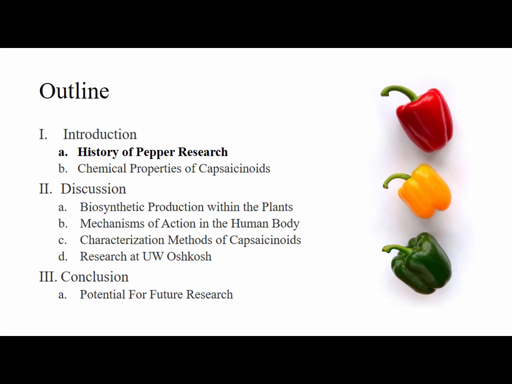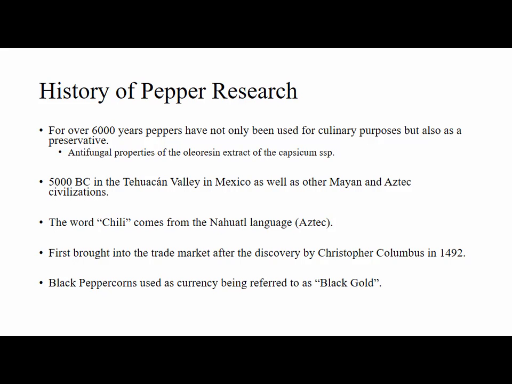All right, so first I'm going to start by talking about the history of pepper research. For over 6,000 years, it has been known that peppers have been used for culinary purposes as well as a preservative. We think that this is due to the antifungal properties and the oleoresin of the capsicum species. And dating all the way back to 5000 BC in the Tehuacan Valley in Mexico, it is seen that Mayans as well as Aztec civilizations did use peppers.